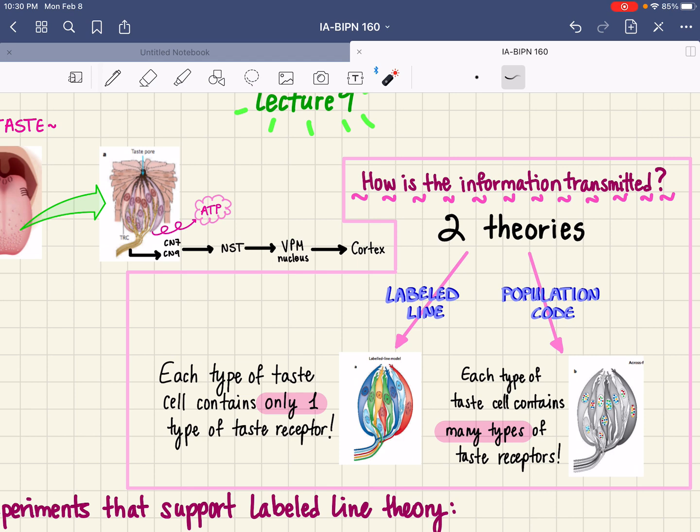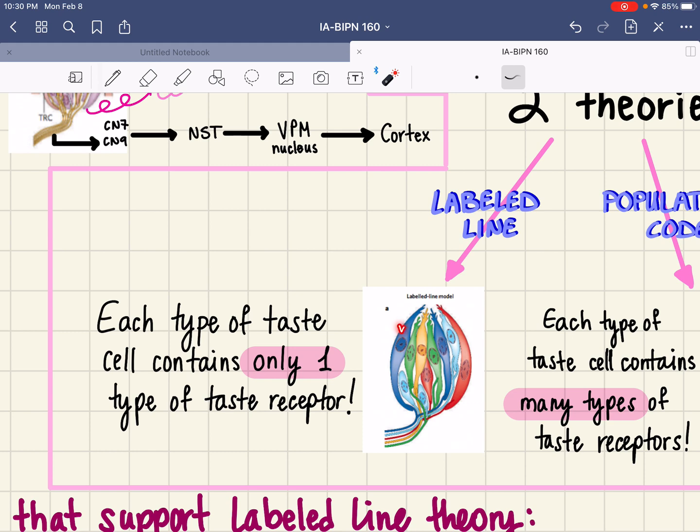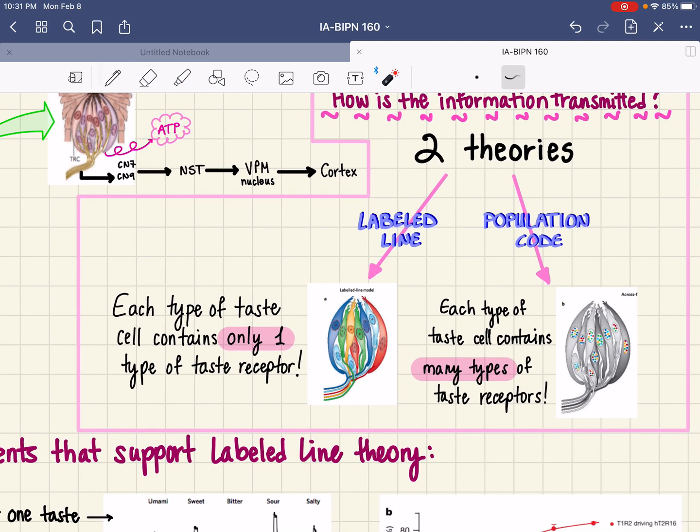So in this case, the blue cell, for example, would respond only to sweet tasting molecules, and the red one would respond to, for example, sour tasting molecules. So that is what labeled line says, and I will talk a little more about that in a little.